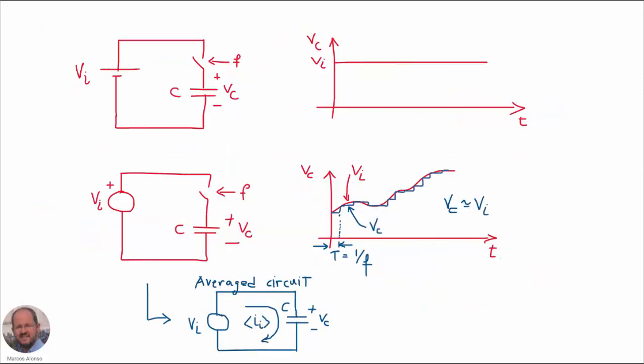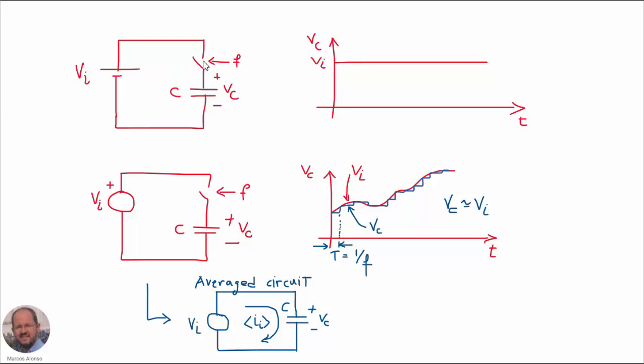What we are interested in here is the average behavior of a capacitor when it has a switch in series. In this case, we have a DC voltage, a switch that is commutated at a switching frequency F, and then we have the capacitor C. What is going to happen here?